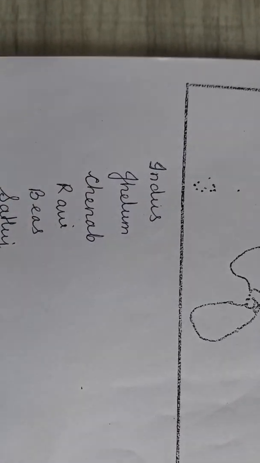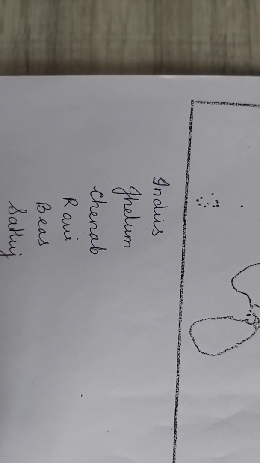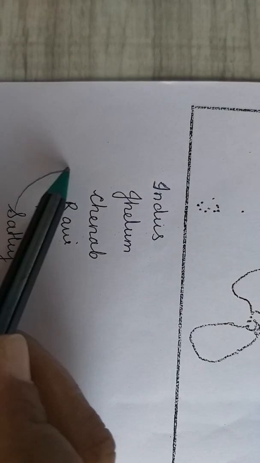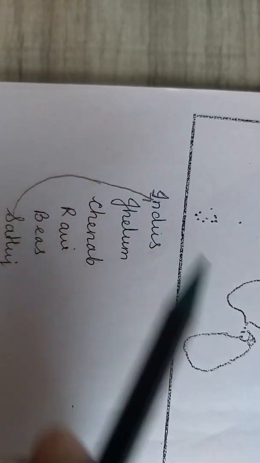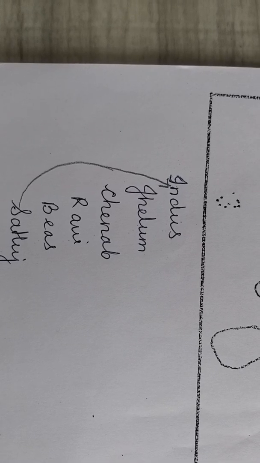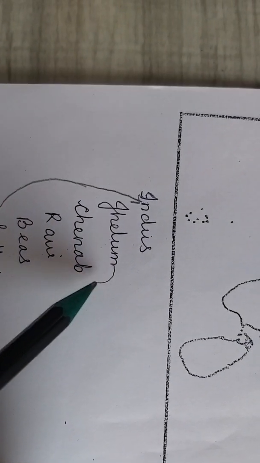Now, before we start with map of India, let us understand which rivers are connecting the other river. Satluj is the river who connects the river Indus. Jhelum connects Chenab.